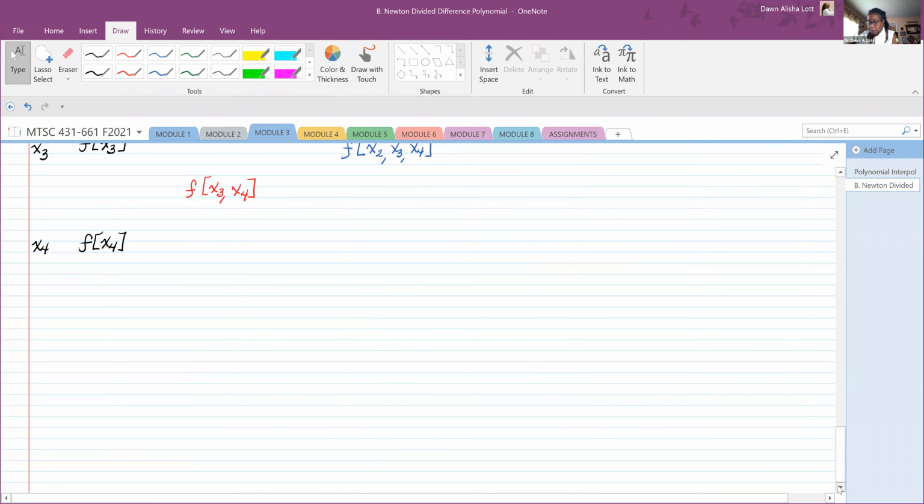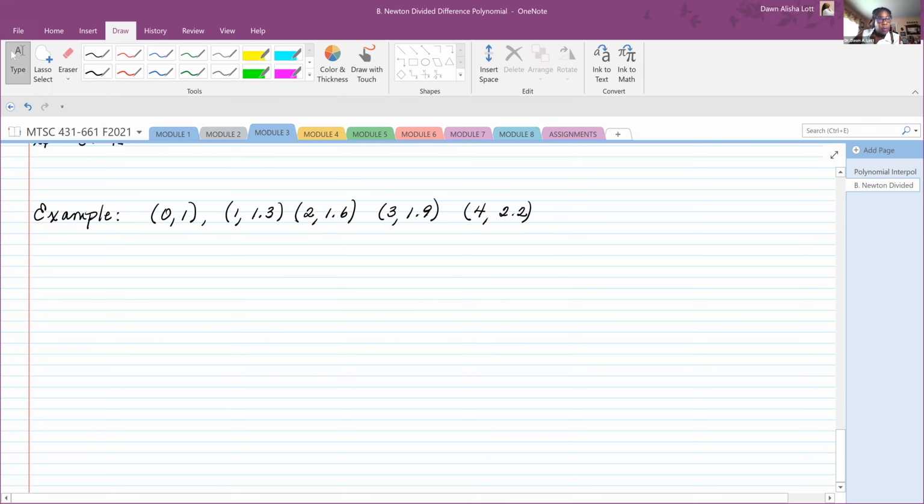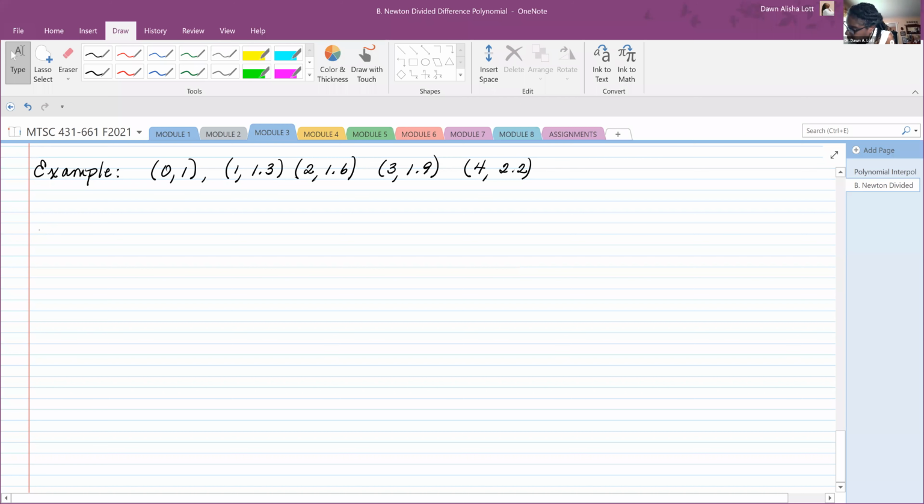All right, so now let's do a full example. Here are the points, 1.0, 1.3, 1.6, 1.9, and 2.2. We're going to make this table again.